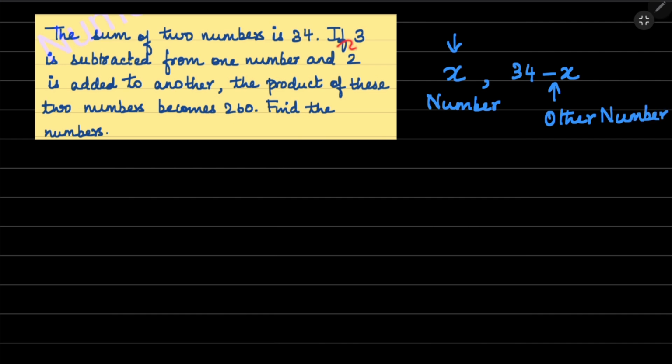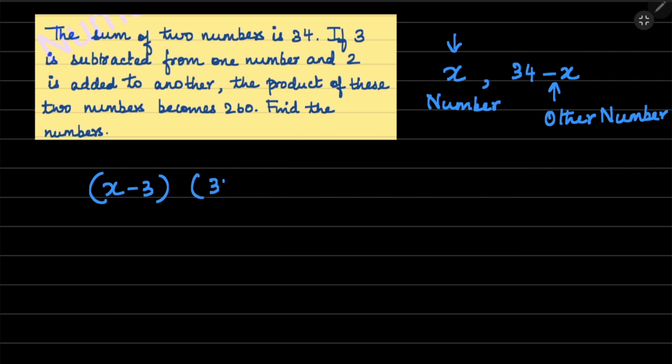Now let's go on. If 3 is subtracted from one number and 2 is added to the other number, the product of these two numbers becomes 260. So if 3 is subtracted from a number, x − 3, and 2 is added to the other number.